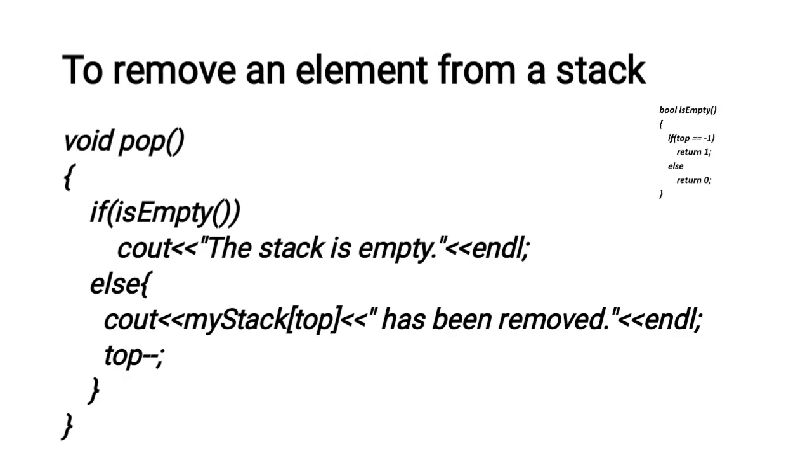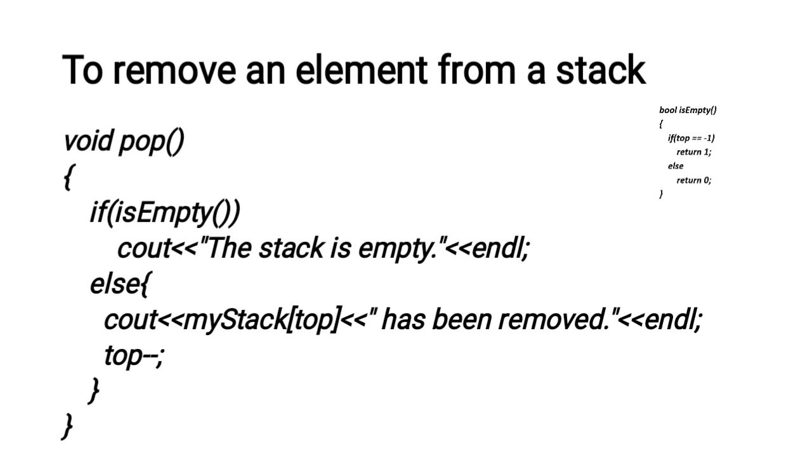Then let me explain about removing an element from the stack. I said when we remove an element from the stack, we use a function that is called pop. Pop will remove an element from the stack, and it will retain no value. That is the reason why I have put void data type.